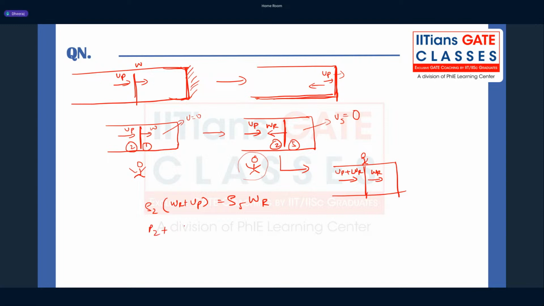So these will be my continuity equations. P5 plus rho five into WR square, and H2, that is my energy. This is my continuity, this is my momentum, and this is my energy equation.